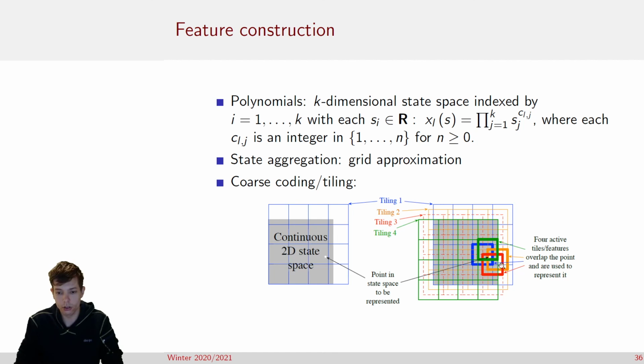So in each of these grids, one of the cells would be active, and the sum of the weights of the active cells would then be a representation of our value function. So these 3 methods are just there for completion.